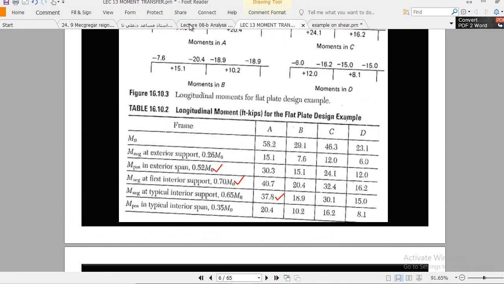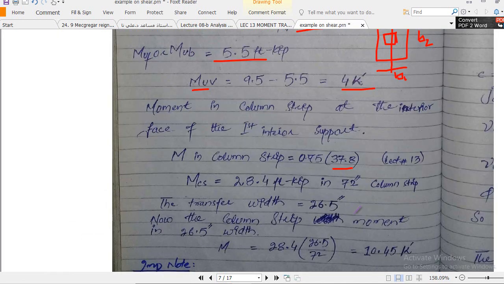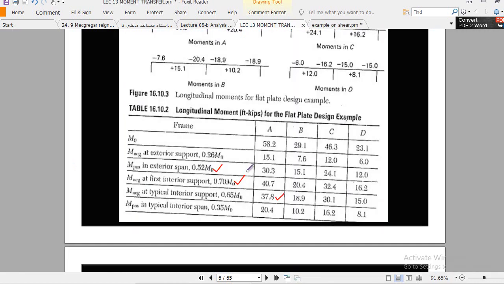In the column strip, this 0.75 is the coefficient which laterally distributes this moment. The 0.65 is the coefficient which distributes M0 into the longitudinal direction.